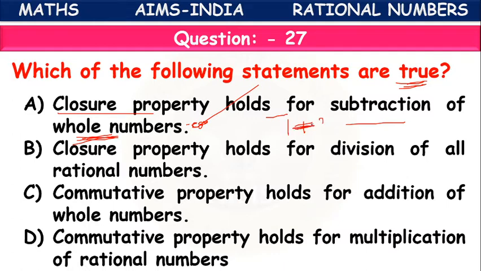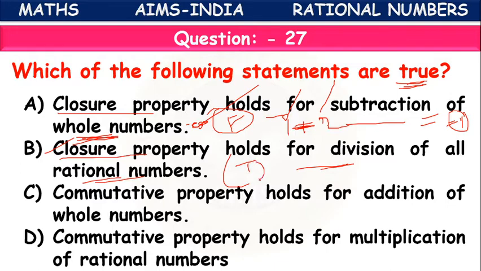If I take 1 minus 2, 1 is a whole number, 2 is a whole number, 1 minus 2 equals minus 1, which is not a whole number. So this statement is false. First option is false. Closure property holds for division of all rational numbers. Correct. Closure property holds for all operations.